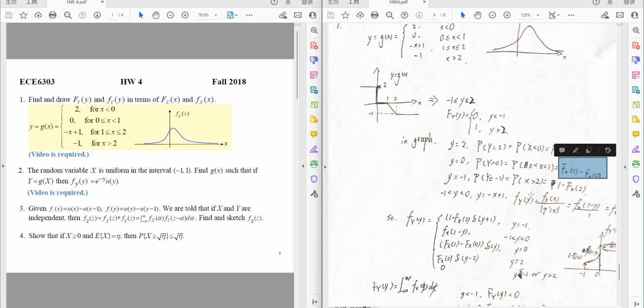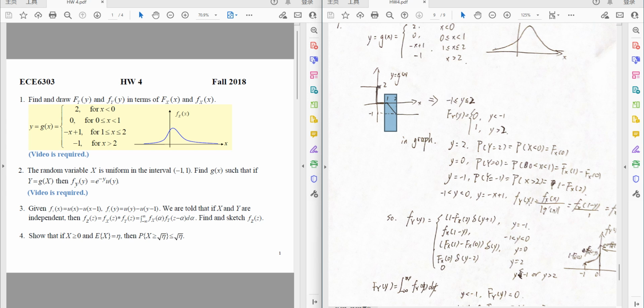It becomes this. And y equal to negative 1 is this segment, so the probability is x bigger than 2. Is this. The key segment is this.